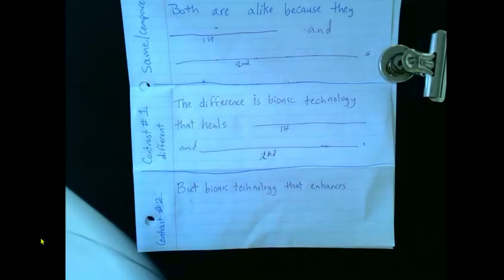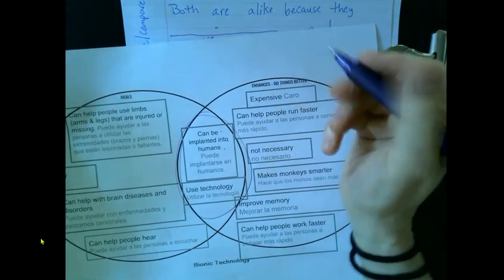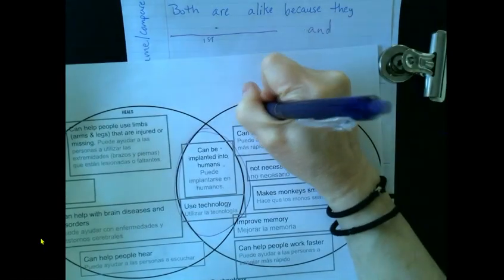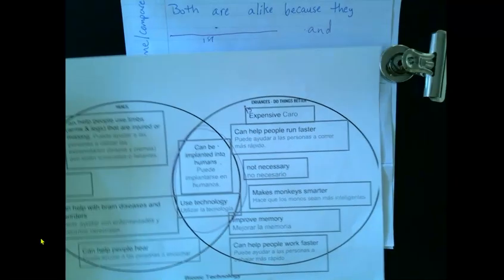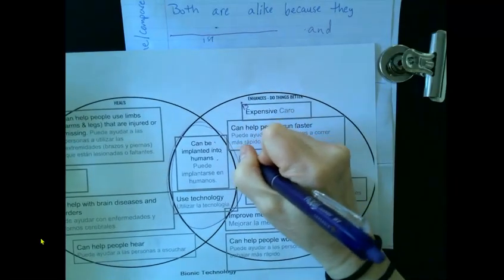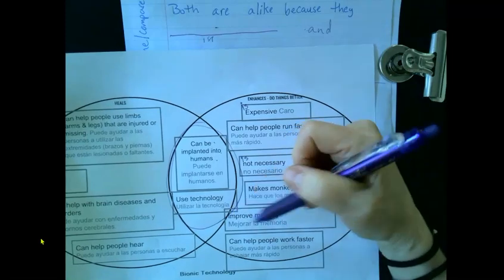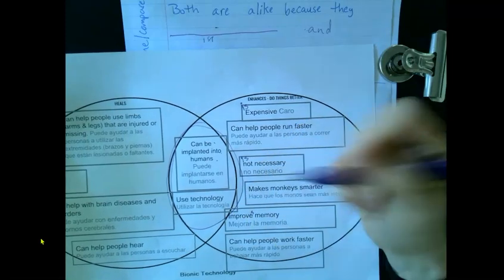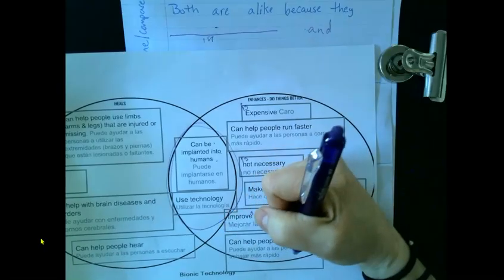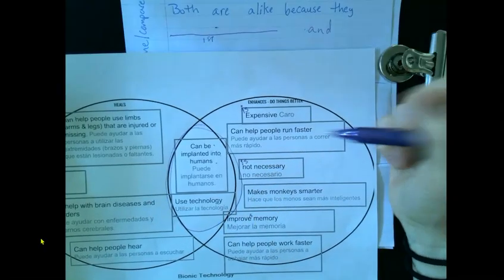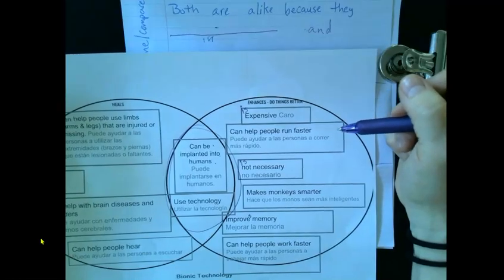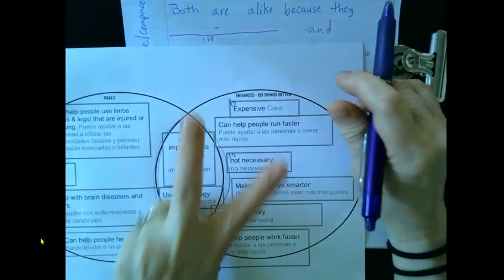you're going to go to your Venn diagram and pick out one reason. So you might say it is expensive. I'm going to add is so it makes more sense. Or is not necessary. It makes monkeys smarter. It improves memory. Can help people work faster. Can help people run faster. So you're going to choose two again, just like you did before.